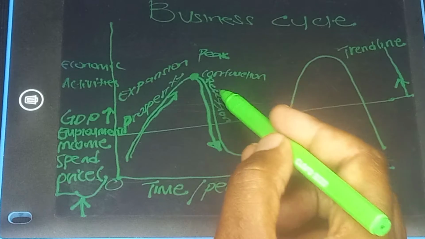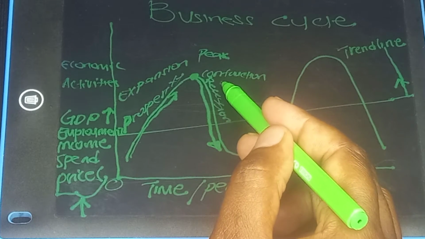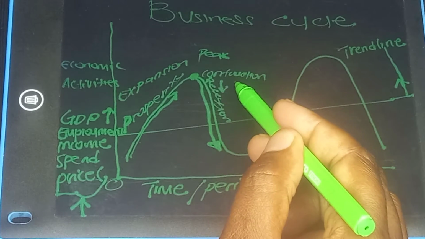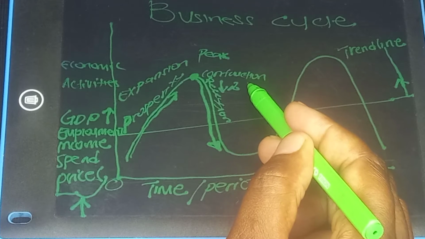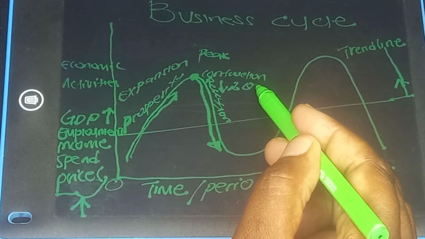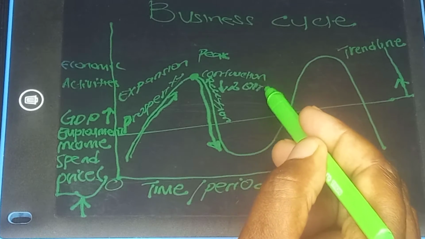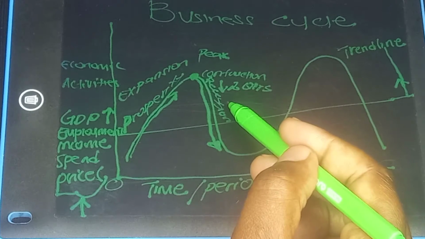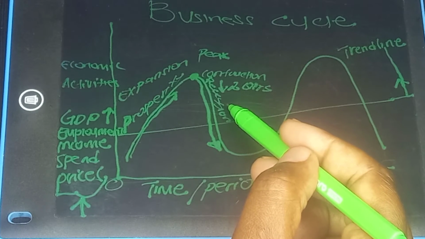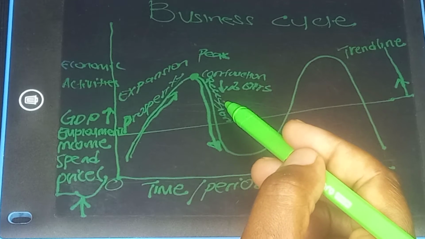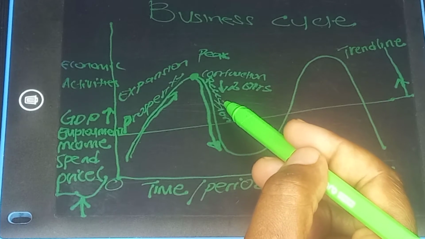A recession will happen after a decrease in economic activity for 2 quarters. These quarters must be consecutive. It means that they must follow each other. First quarter and second quarter, or second quarter and third quarter, or fourth quarter and first quarter.